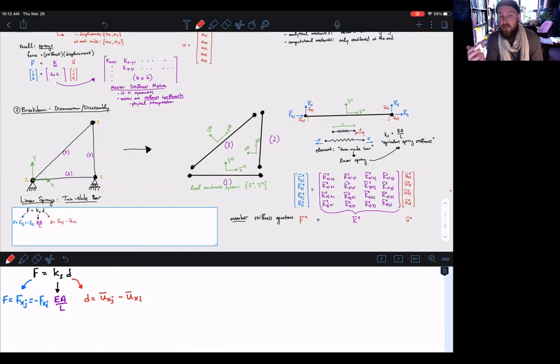And the displacement is going to be the difference in terms of how much node j moves in the x direction minus how much node i moves in the x direction. And the relationship between those forces and those displacements is dictated by how stiff the spring is, which is going to be written as EA over L here.